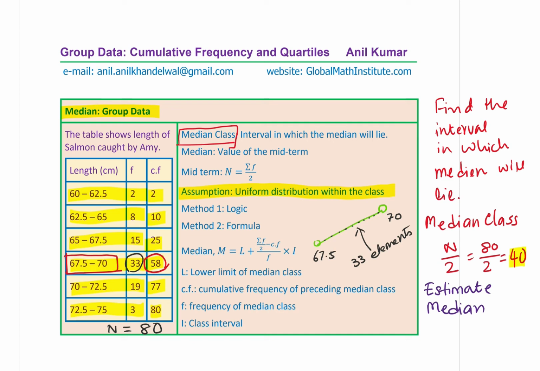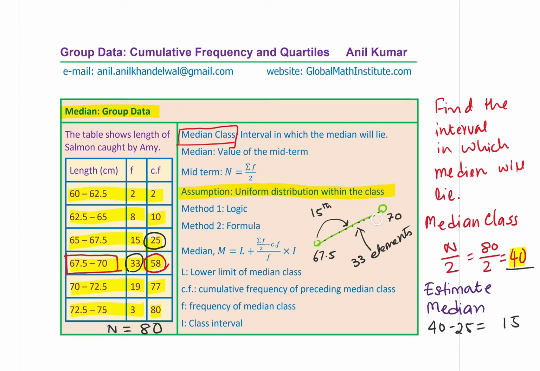And what do we need to find here? We're looking for the 40th position. We know there are already 25 before this. So 40 minus 25 gives you 15. We're looking for the element which is at the 15th position. That is the median. So that is a strategy for us, correct?